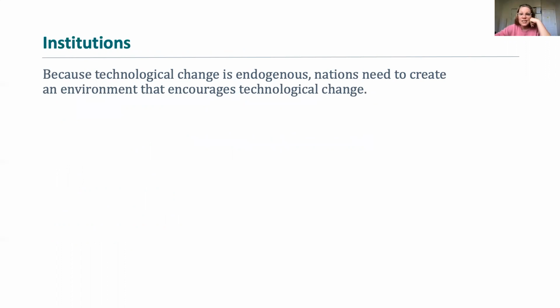So nations then have to be responsible for creating the environment that encourages technological change. They can create different incentives for individuals to change their behavior that either promote or hinder growth. So broadly defined, there's going to be good institutions and bad institutions.